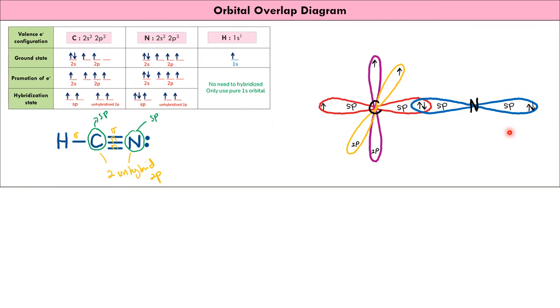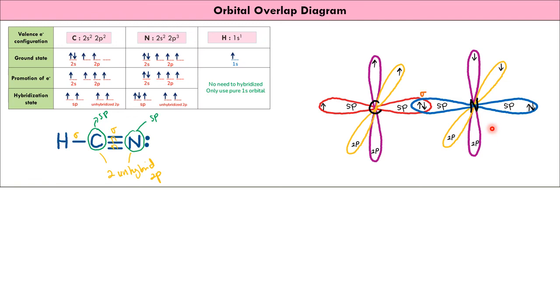Okay, so tak ada overlap lah dekat sini. So nitrogen, again, it has two unhybridized 2p orbital. So draw the first one, 2py. Kemudian the second one, 2pz with electron spin down. So bila kita nak pairkan, mesti satu spin up dan spin down.